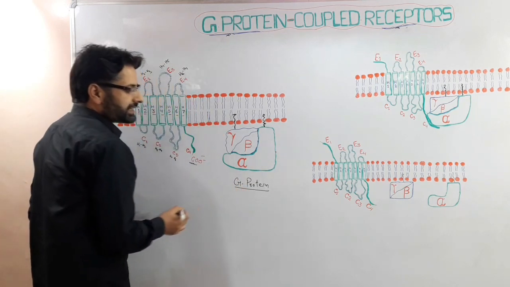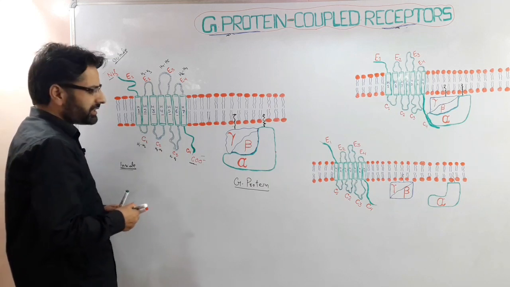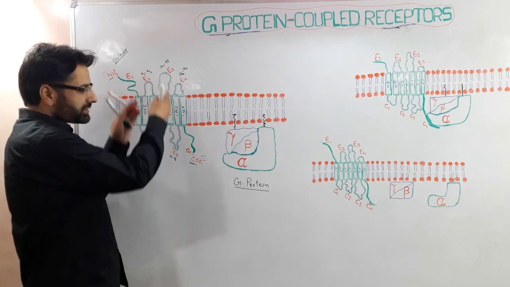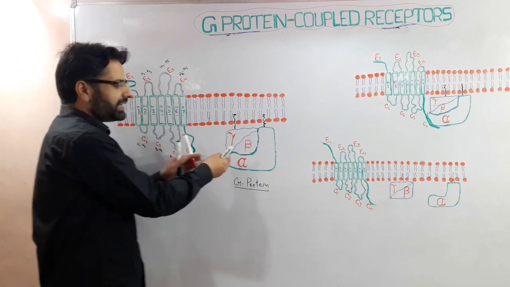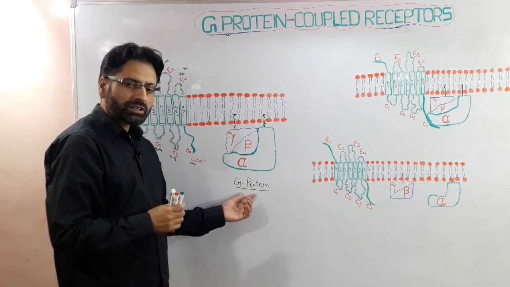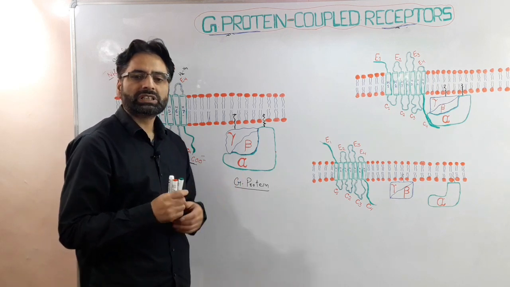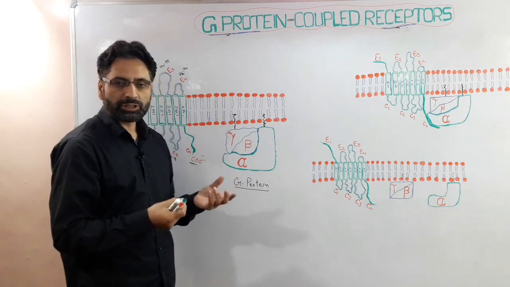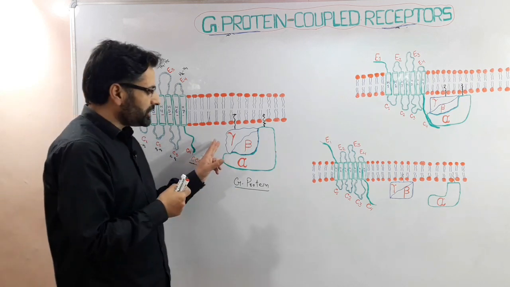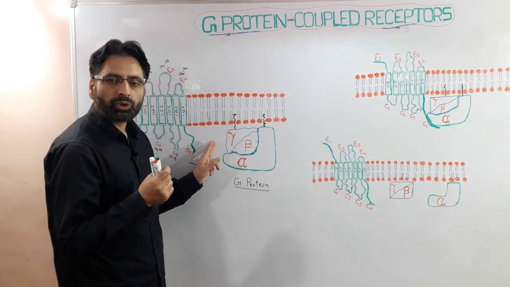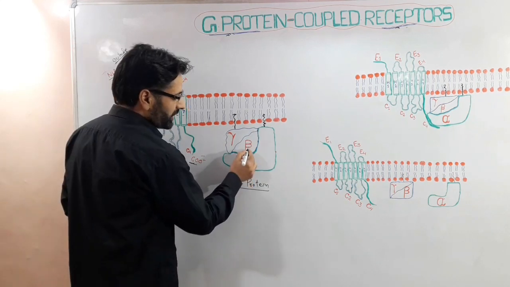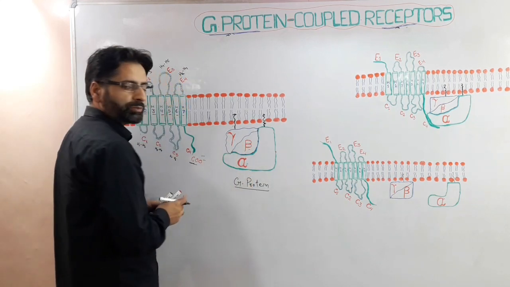G protein acts as a transducer. It receives the signal through the cytoplasmic domains of this transmembrane receptor, and then it transfers this signal to the respective effectors. This G protein is called G protein because it binds with GDP or GTP. And this G protein is composed of 3 polypeptide subunits. One is called the alpha subunit, then we have the beta subunit and the gamma subunit.